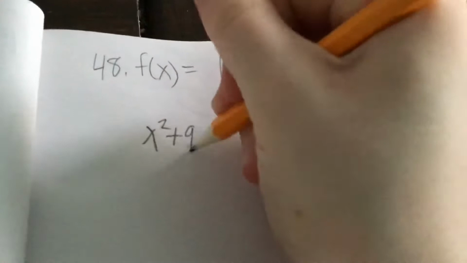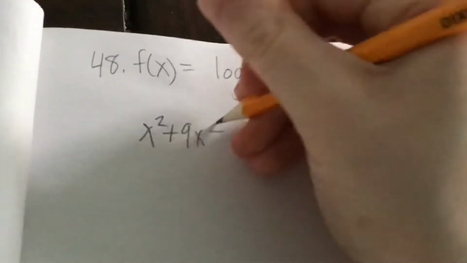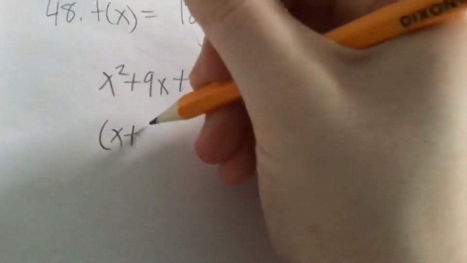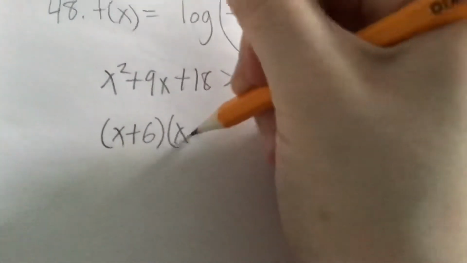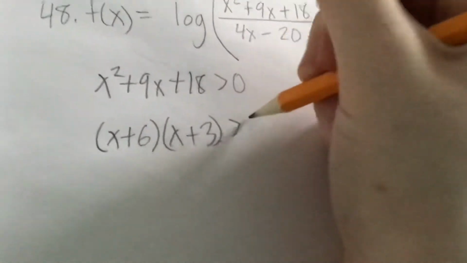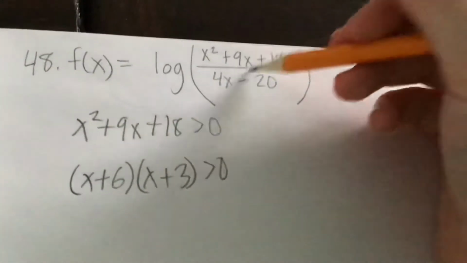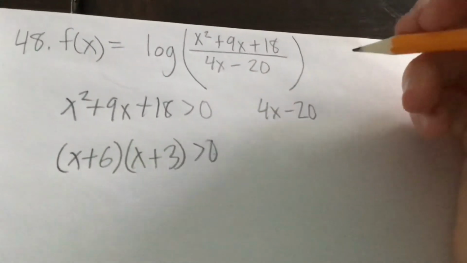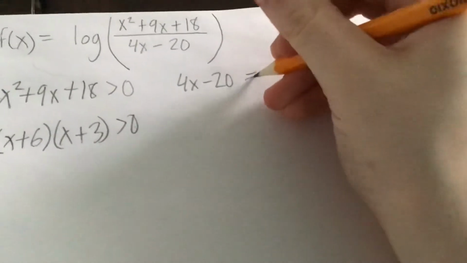We'll do what we did before, where it's greater than 0, and then we split it into x plus 6 and x plus 3, like last time. This one, however, is the same as the other one, except it is not equal to 0, rather than greater than 0.